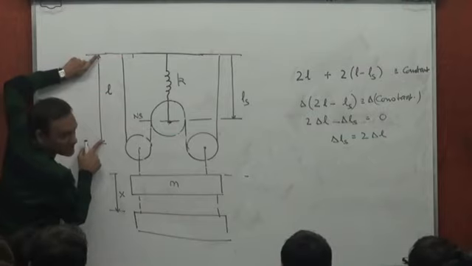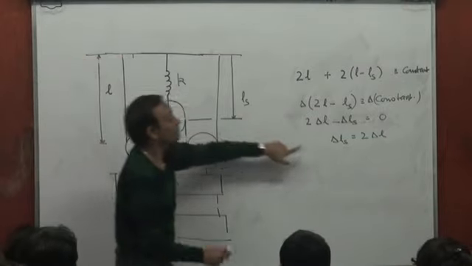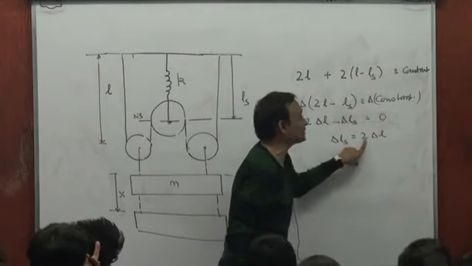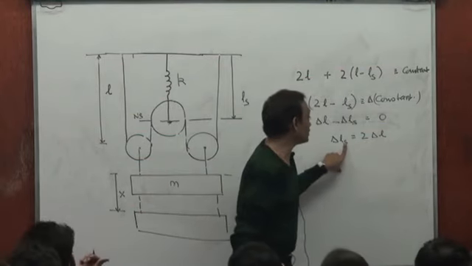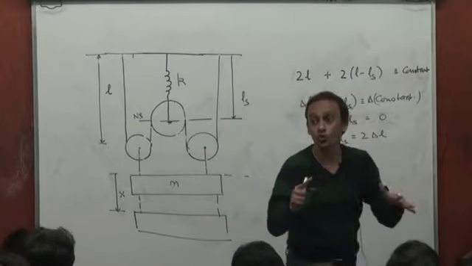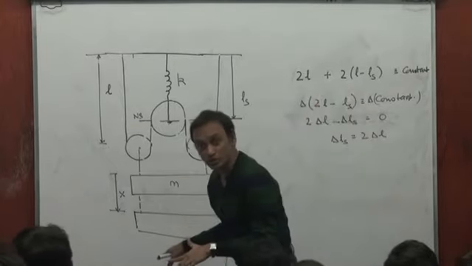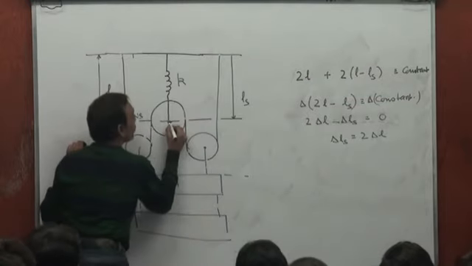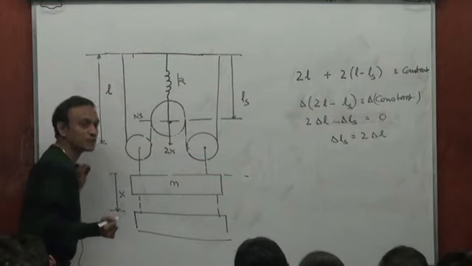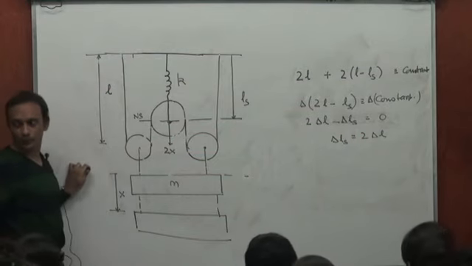So L increases by an amount x. So if change in L is x, then change in the spring length will be 2x. Change in the spring length would be 2 times change in L, so 2x. Yes or no? So when this descends by an amount x, the spring elongates by an amount 2x. Spring elongates by an amount 2x, yes or no?